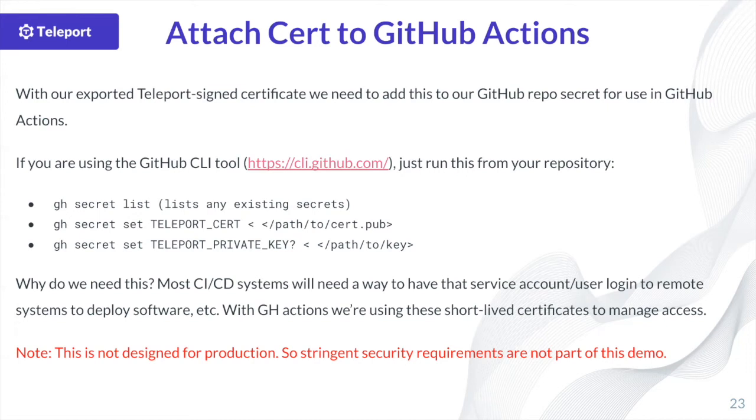So why do we need this? Well, most CI/CD systems do need a way to have a service account user login in order to deploy software. So if you're deploying to a production server, well, we're doing it through SFTP or secure copy. So we need a way to actually authenticate and log into those in order to get those artifacts over there. So with GitHub Actions, we're just using short-lived certificates to manage that.